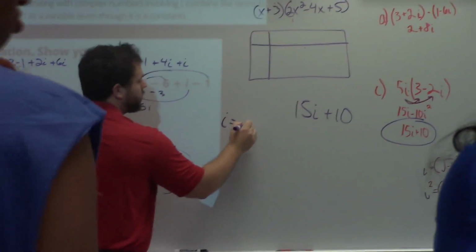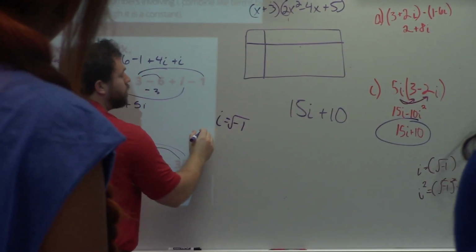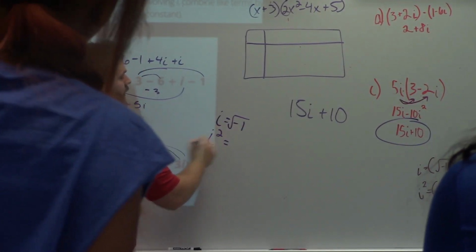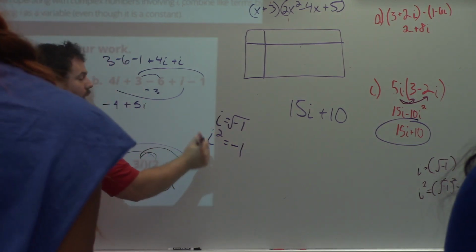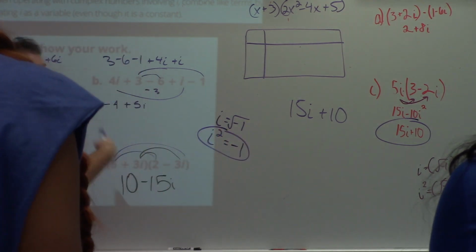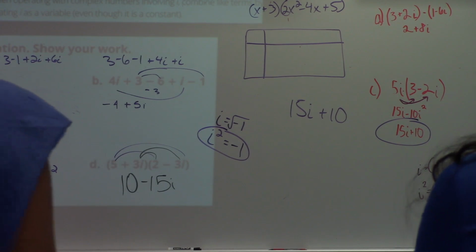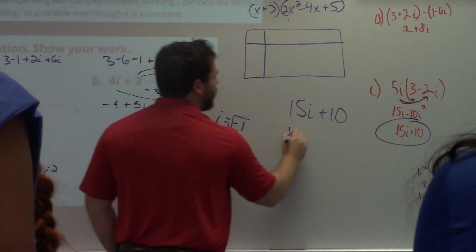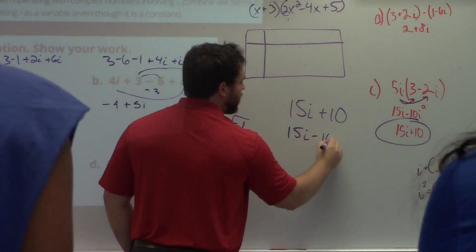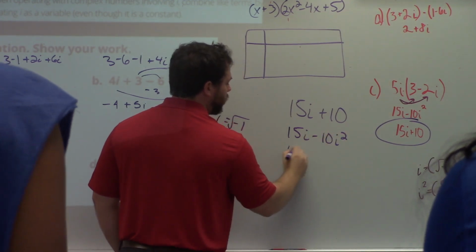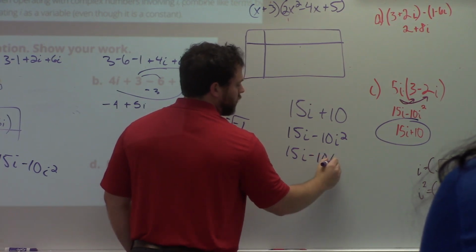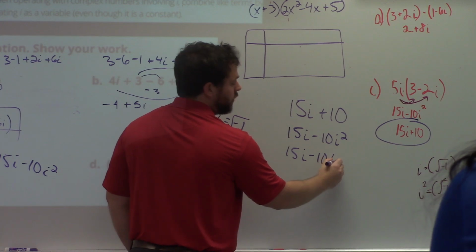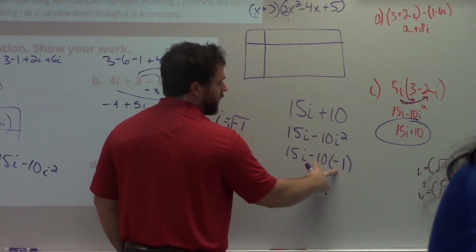And so remember, i is equal to the square root of negative 1 because i squared was what? Was negative 1, right? That was actually the defining piece. We defined i such that i squared is negative 1. So when I have 15i minus 10i squared, how am I going to rewrite that i squared? i squared is negative 1, and a negative times a negative is positive.